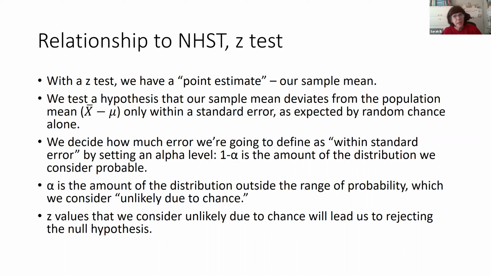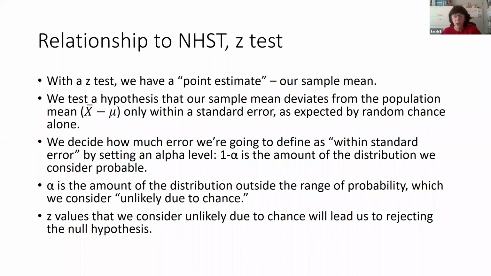And we test a hypothesis that our sample mean deviates from the population mean, x bar minus mu, only within a range of error as would be expected by random chance alone. And so we decide how much error we're going to define as within expected or tolerable error.